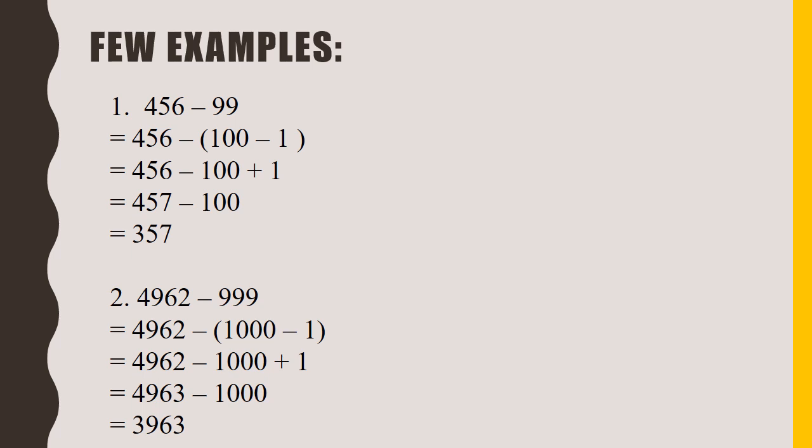For this we write 999 as 1000 minus 1. Again use the same property. Open the brackets and the inside subtraction sign should be written as positive. Then just add the numbers 4962 and 1 and subtract 1000 from it and you will get the answer.